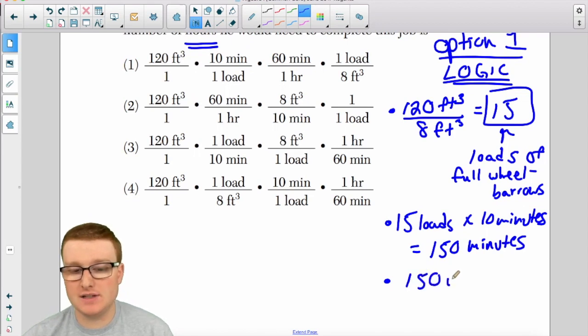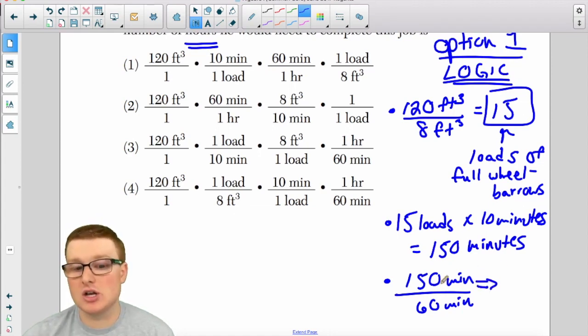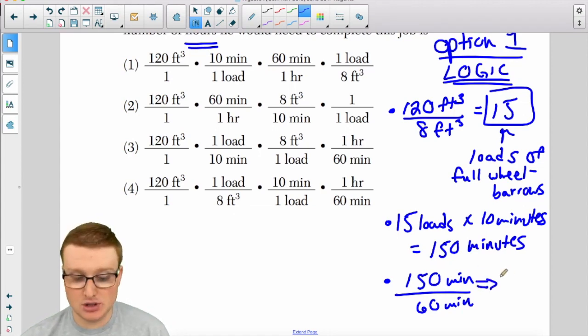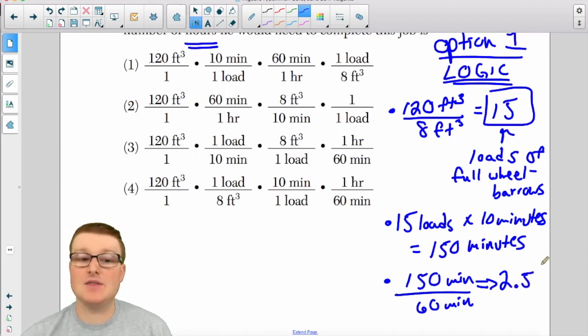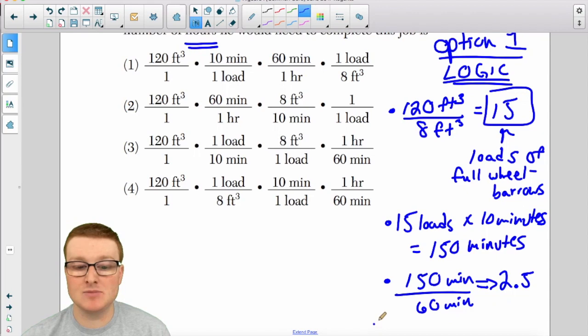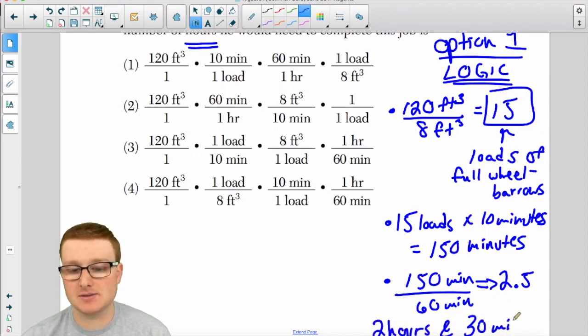Just take 150 minutes and divide it by 60 to convert it into hours. 150 divided by 60 gives you 2.5. That means that the worker will complete the job in 2.5 hours, which is the same thing as 2 hours and 30 minutes.